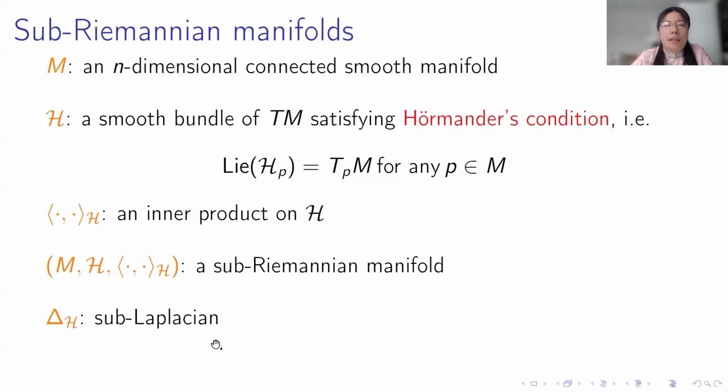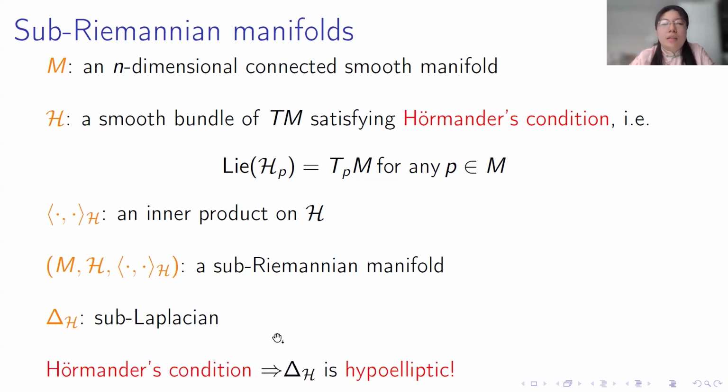But from a more analytic point of view, you have a sub-Laplacian, an analog of the Laplace operator, and this operator is hypoelliptic. And this hypoellipticity comes from the bracket-generating condition. And as we see from Masha's talk, this hypoellipticity is much weaker than the usual elliptic operator we consider in the Riemannian setting or other cases.